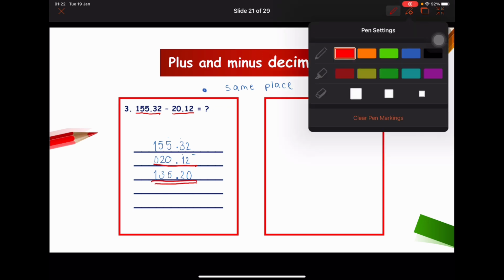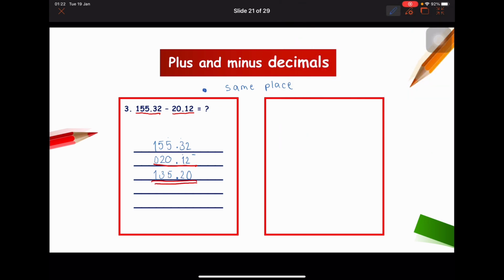Okay, easy, right? So 155.32 minus 20.12 equal to 135.20, or you can say 135.2.